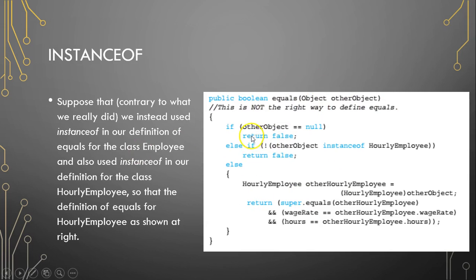If otherObject equals null, return false; else if otherObject is not an instanceof HourlyEmployee, return false. Else HourlyEmployee otherHourlyEmployee equals (HourlyEmployee) otherObject, return super.equals(otherHourlyEmployee) and wageRate equals otherHourlyEmployee.wageRate and hours equals otherHourlyEmployee.hours. You'll notice that, as we said, this is not the right way because we are using instanceof. We're not using getClass.